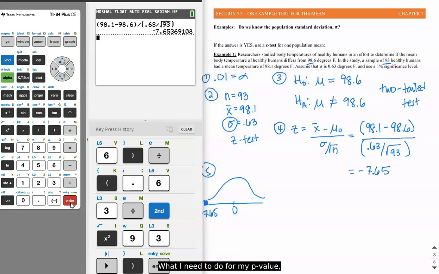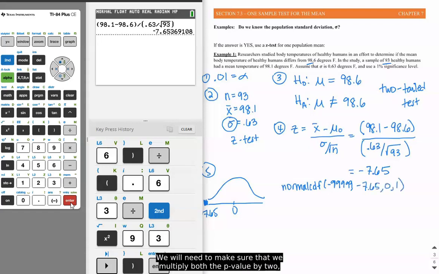So what I need to do for my p-value is a normal CDF. Negative 9,999, it's the lower limit. My upper limit is going to be negative 7.65, mean is 0 and 1. And we will need to make sure that we multiply the p-value by 2, since it is a two-tailed test.